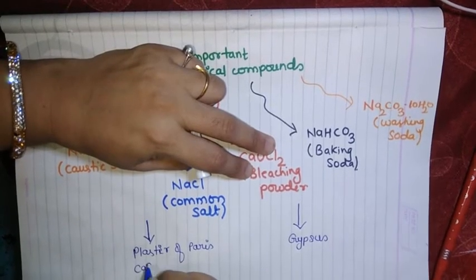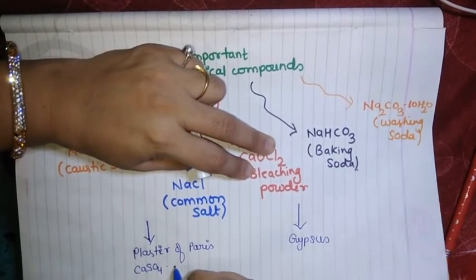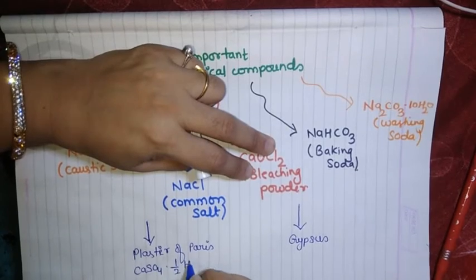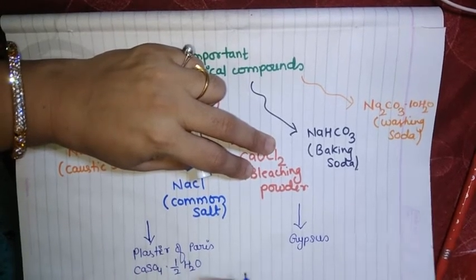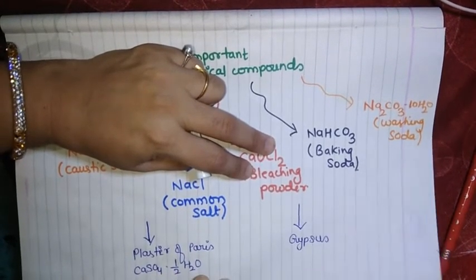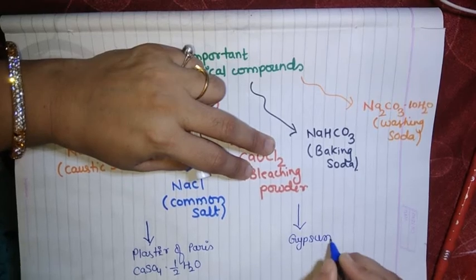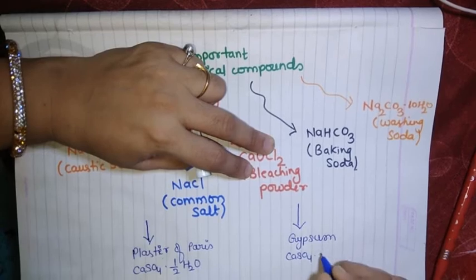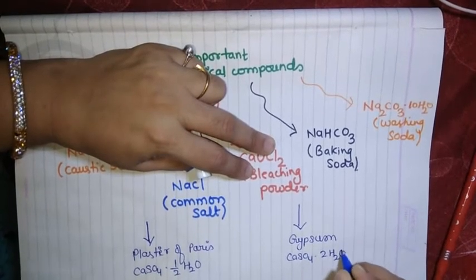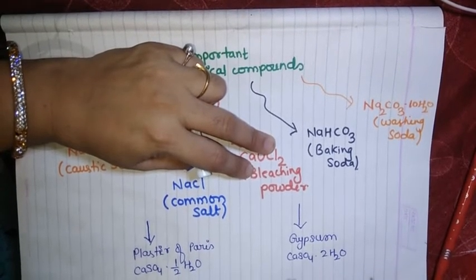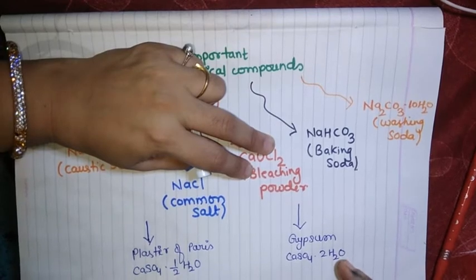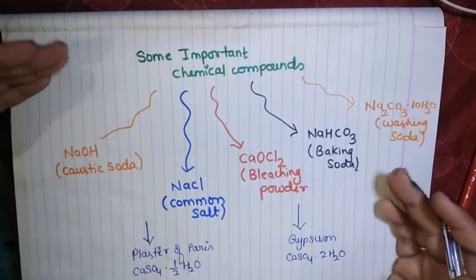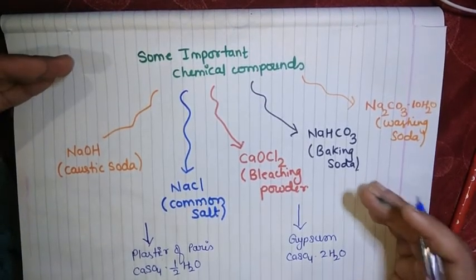That is calcium sulfate dot half H2O. And what is the name? That is calcium sulfate hemihydrate. And what is gypsum? Gypsum is calcium sulfate dot 2H2O. So what is the name? Calcium sulfate dihydrate. So these are some chemical compounds we will learn in detail.